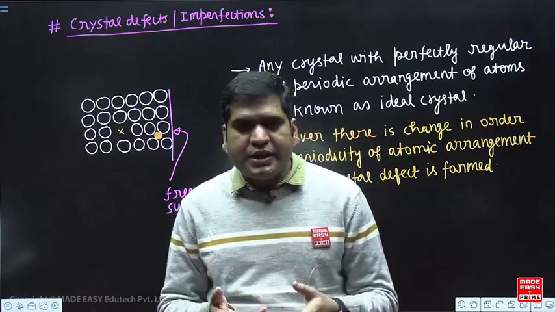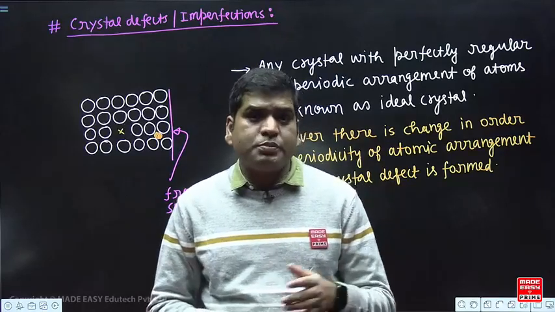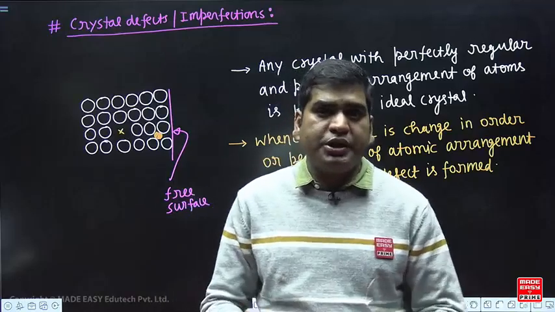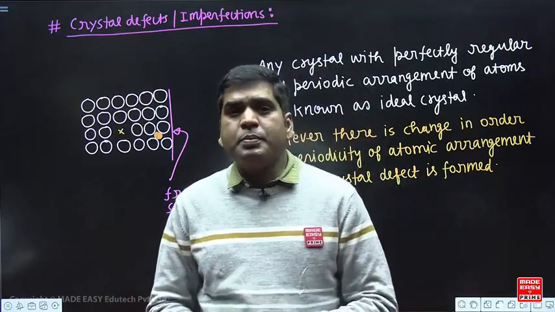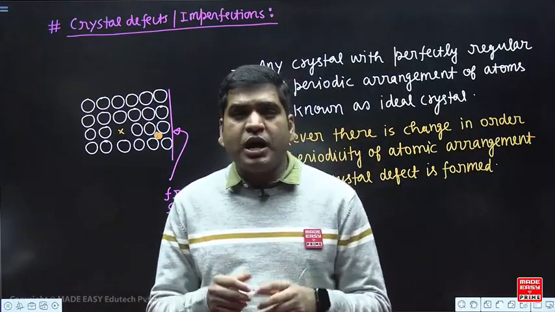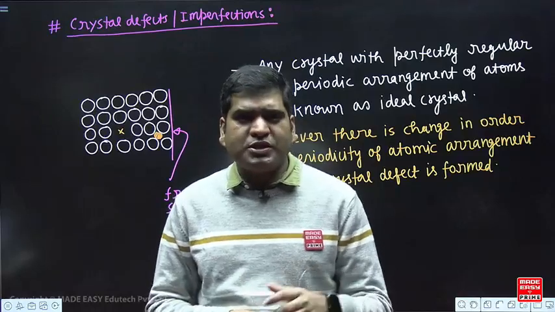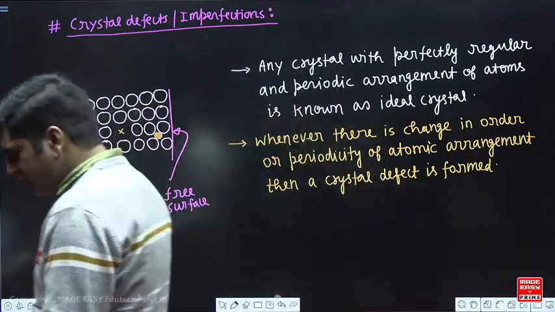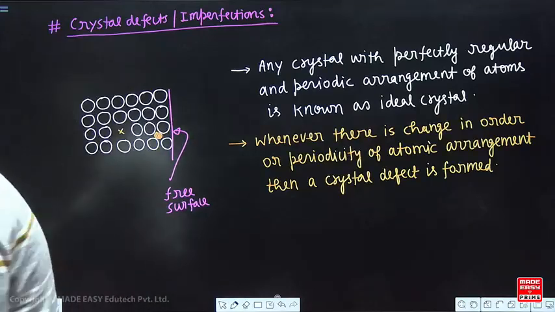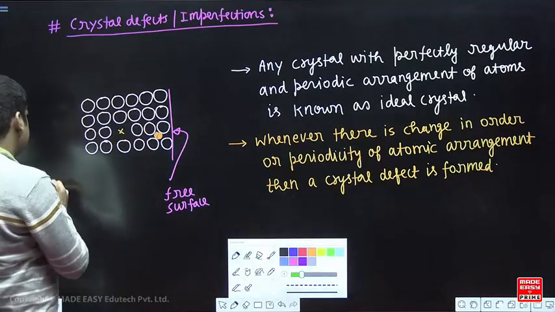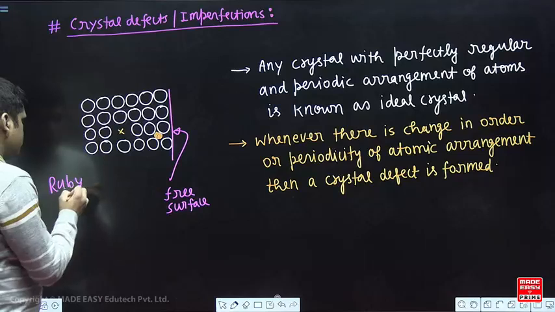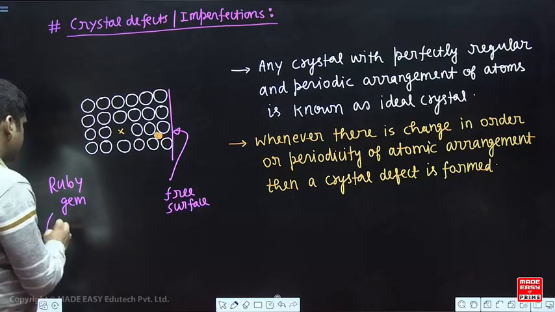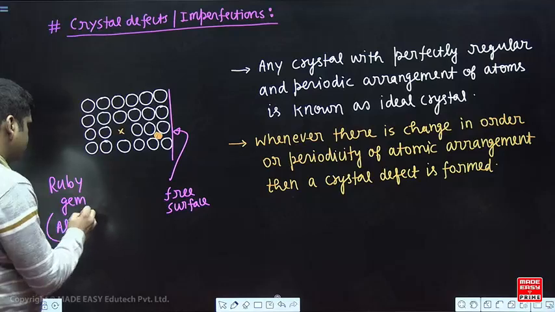Sometimes we willingly introduce defects to change a particular property of the material, either to upgrade it or to degrade it. For example, we have alumina, Al2O3. That is basically a gem, ruby. Ruby is a gemstone, and chemically it is nothing but Al2O3.